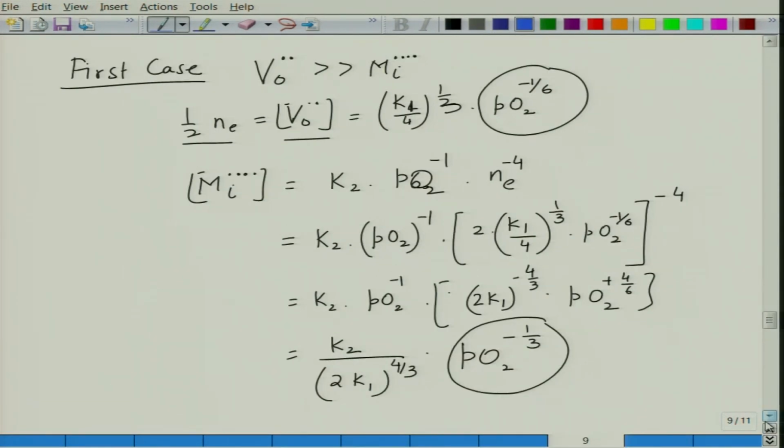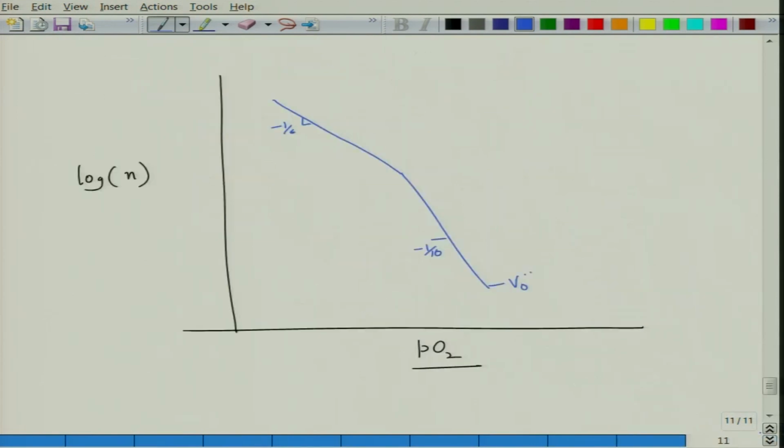If you look at the variation of Mi, Mi in this case goes as minus 1 over 3. So, when oxygen vacancy goes as minus 1 over 6, Mi goes as minus 1 over 3. If I use a different color, this would be Mi, and it will go as minus 1 over 3.